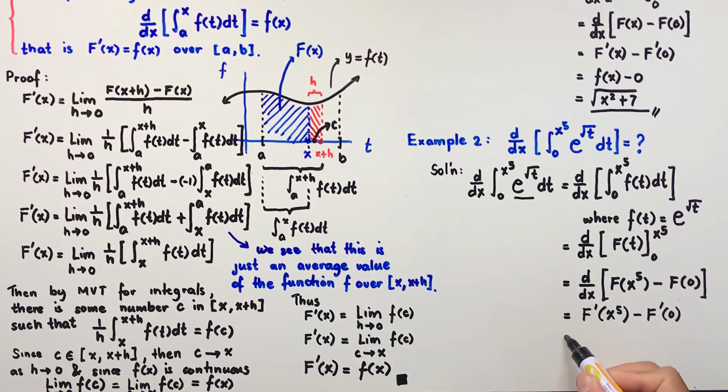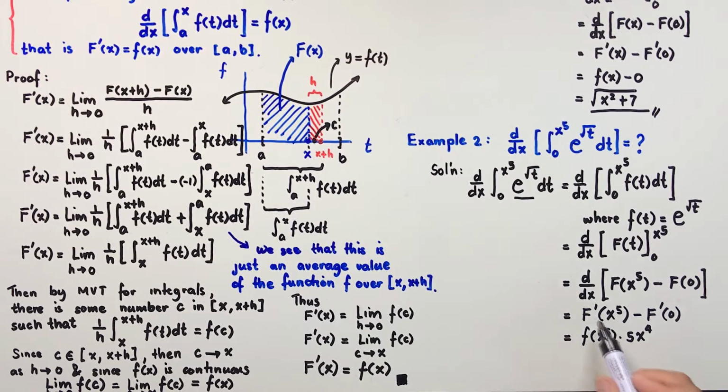And what is the derivative of this big F? The derivative is the small f using the fundamental theorem of calculus. So this is the small f of x to the power of 5 times the derivative of our x to the power of 5, which is 5x to the fourth. Why? Because this is using the chain rule.